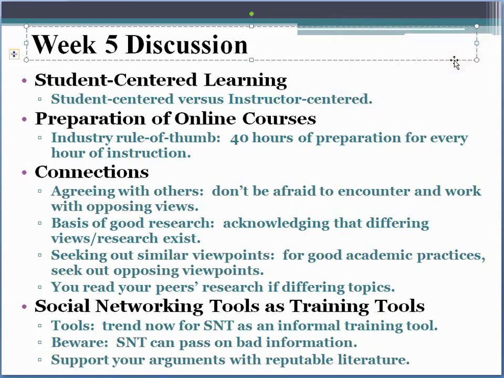Don't be afraid to speak up. It's also the basis of good research that you don't just seek out opinions or viewpoints or research that agrees with what you already believe. Sometimes, and it's a point of discussion in the academic world, you should actually seek out opposing viewpoints because you need to make that aware. So any academic research that you do, you should always be able to provide opposing viewpoints.